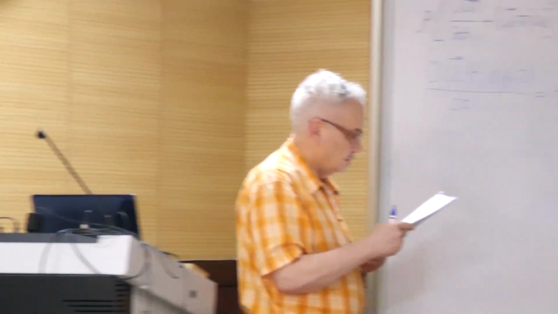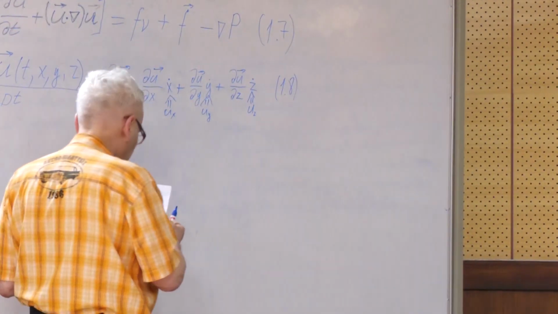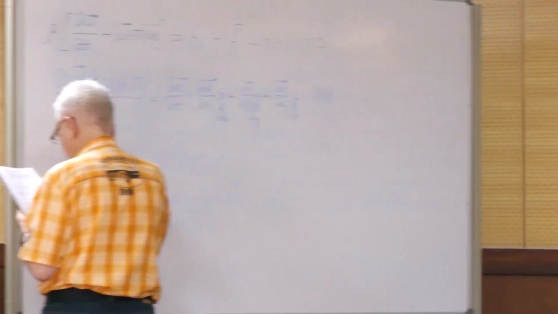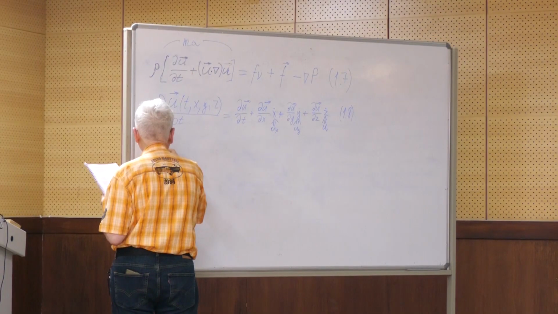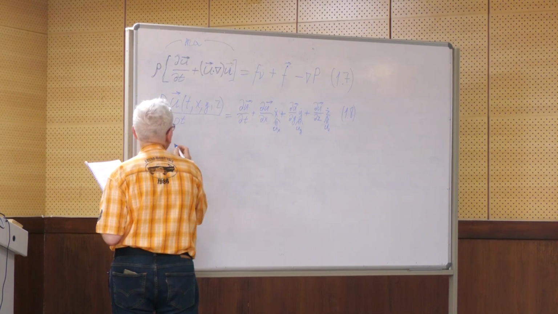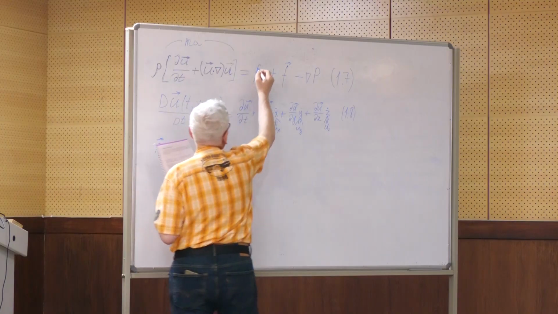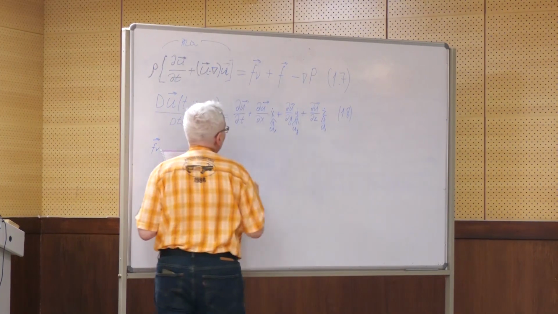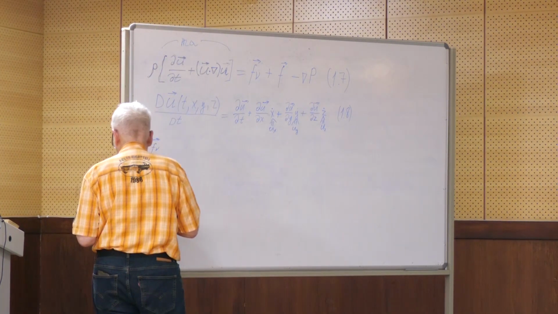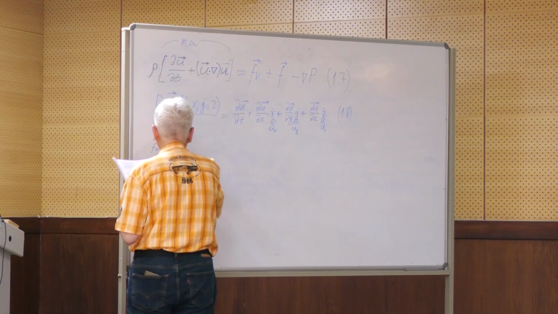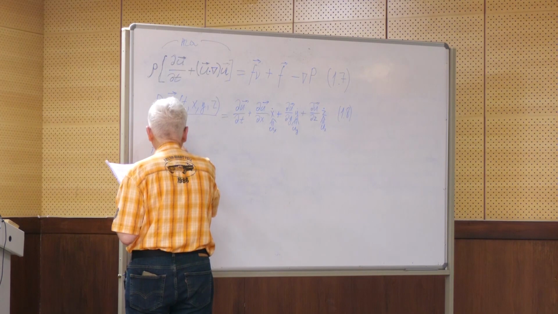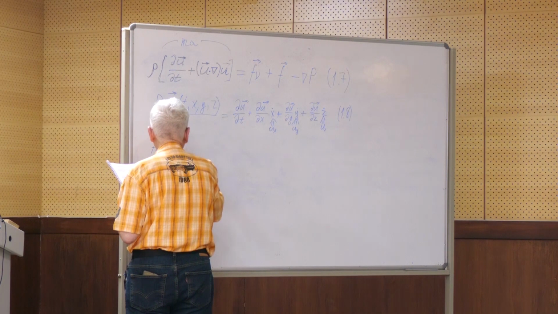This is the modern form of the viscosity term, and Stokes wrote it like that: nu vector. Oh, I forgot to put the vector here, sorry. That's quite a usual form, and it contains two viscosity coefficients.